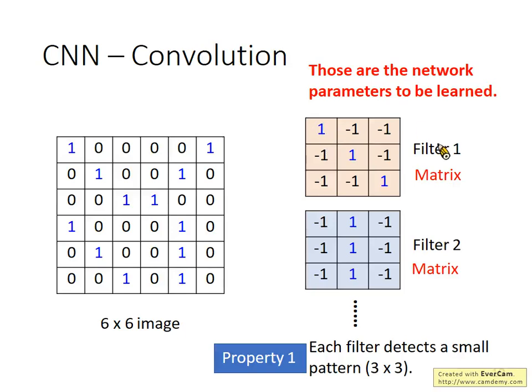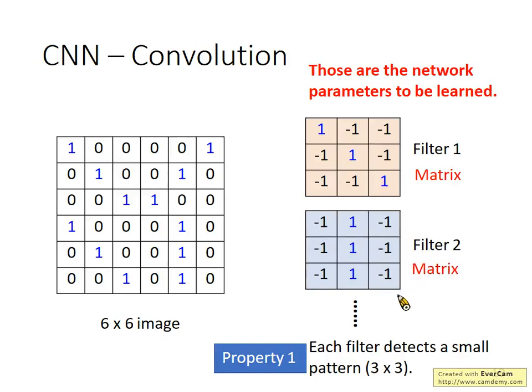The first filter is a 3x3 matrix or a 3x3 window, where the pixel values along the diagonal are multiplied by 1, and the pixels off the diagonal are multiplied by -1. This is the first filter. In the second filter, the pixels in the middle column are multiplied by 1, and the pixels outside the middle column are multiplied by -1. This is the second filter.